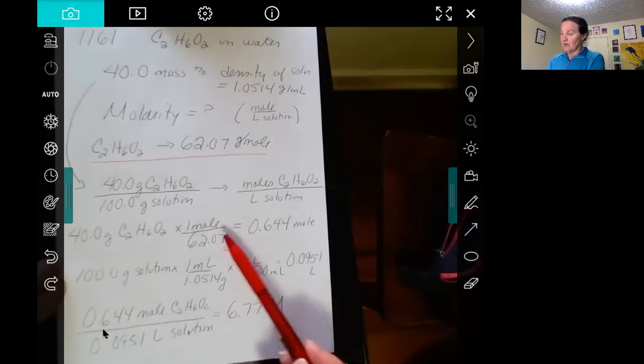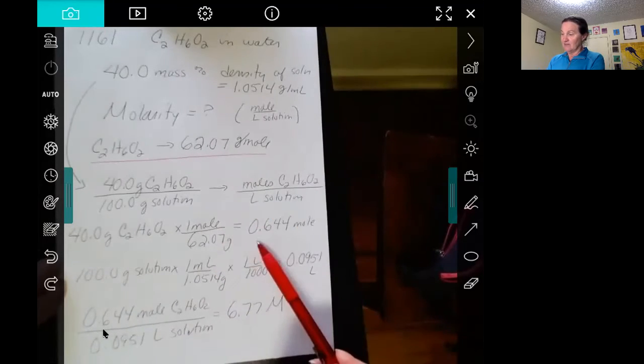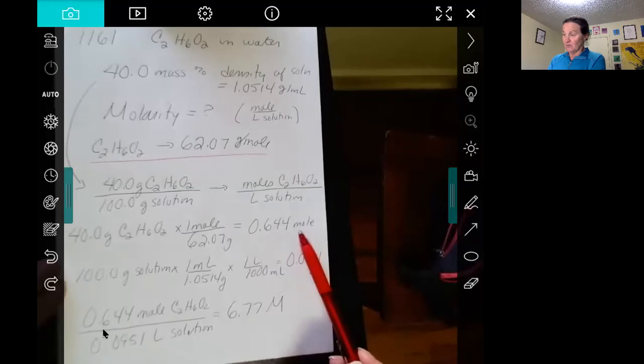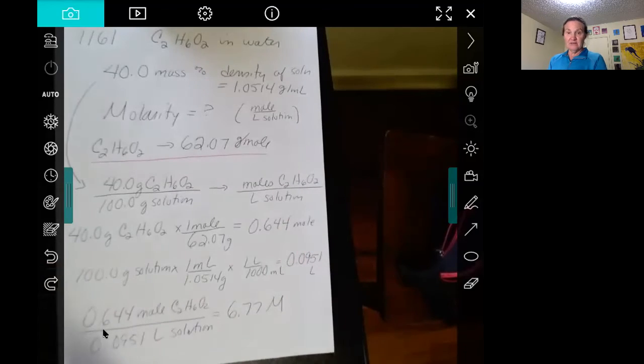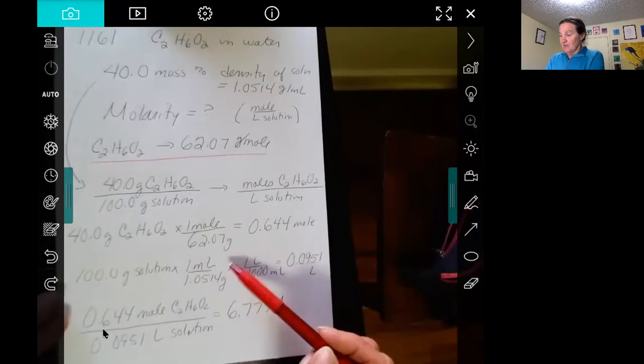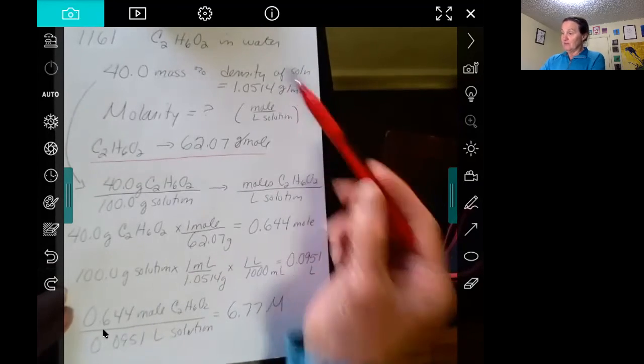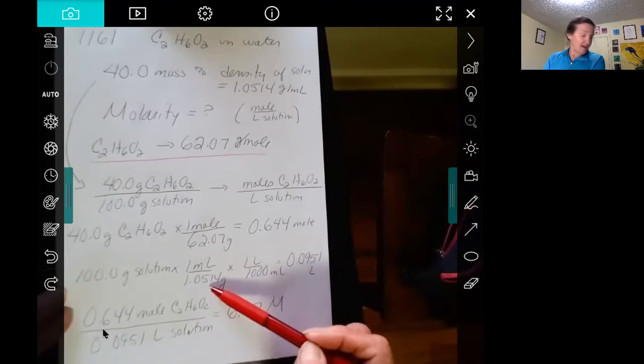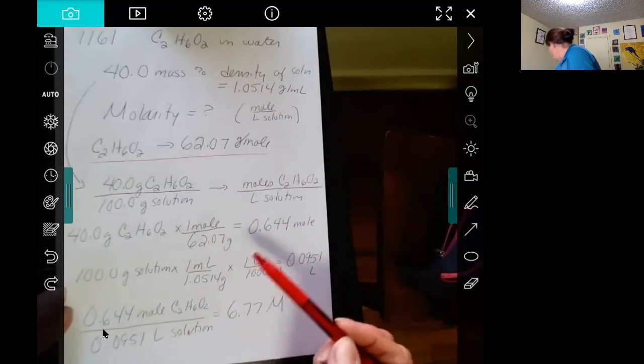So the 40 grams, if I use the molar mass, is 0.644 moles. That's going to be my numerator. The 100 grams of solution I need to convert to a volume, so I do that with the density. 1 milliliter would be 1.0514 grams.